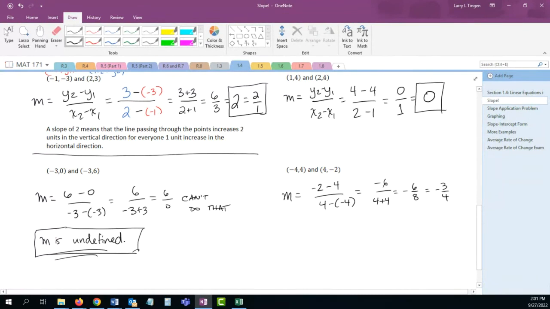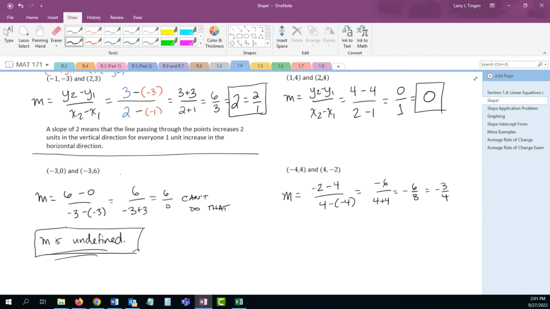So what does that mean? Well, graphically, take a look at these points. They share the same x value, right? So both these points are on the same line, x equals -3. X equals -3 is a vertical line.